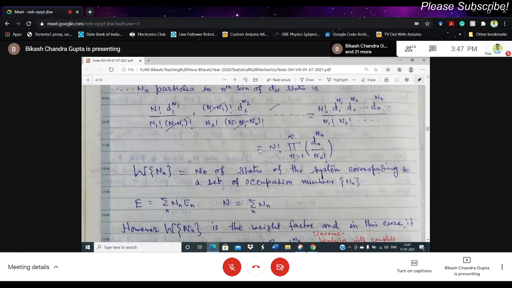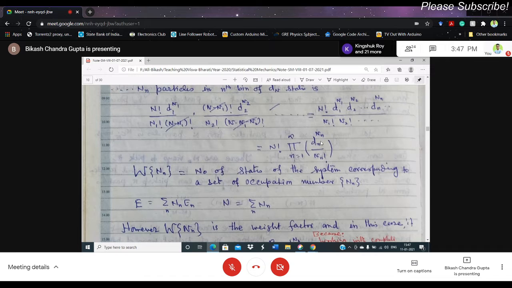Now, WNN is the number of states of the system corresponding to a set of occupation numbers nn. You see, this set, what does this mean? First of all, do you recall the Gibbs paradox, the removal of the Gibbs paradox?